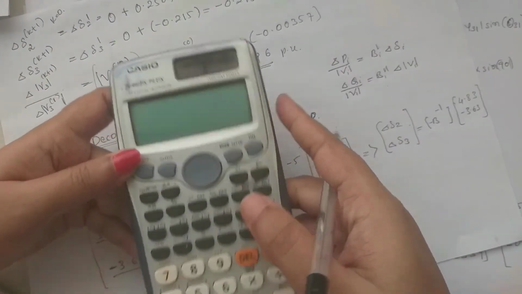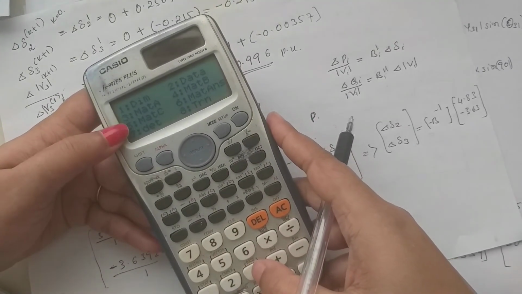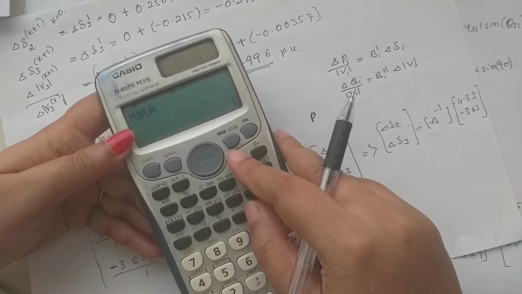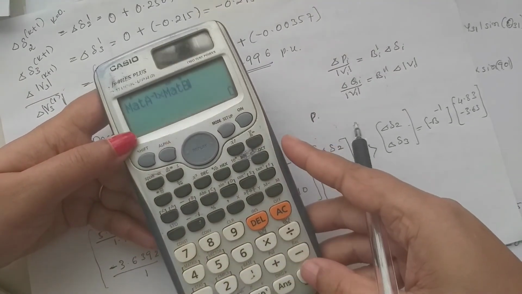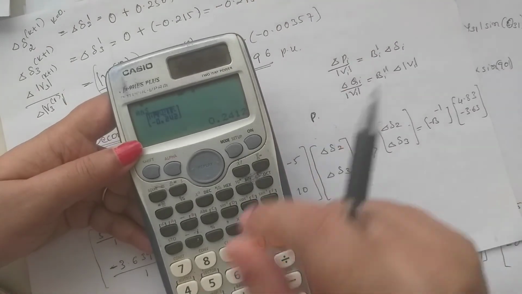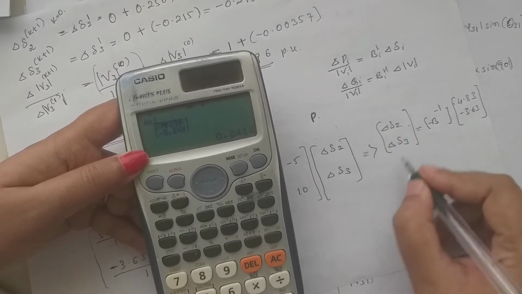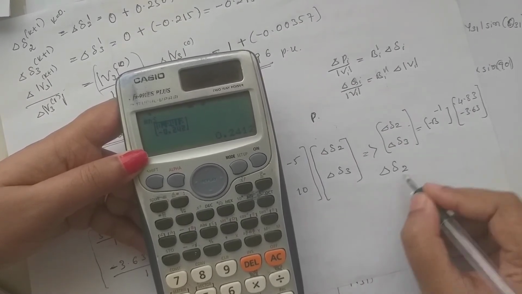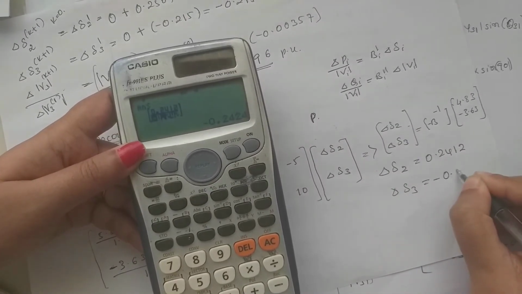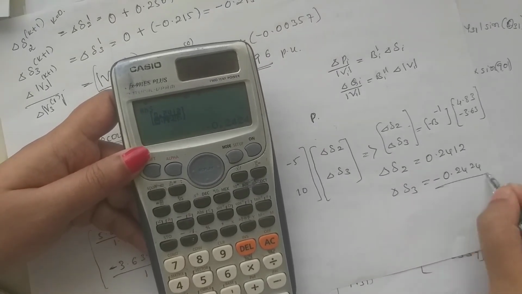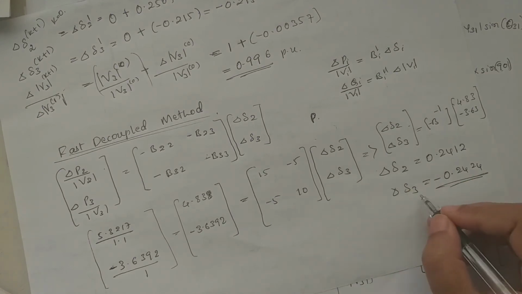Now shift 4, matrix A, that is option 3, inverse, into shift 4 matrix B. We get the answer: delta 2 is 0.2412 and delta 3 is minus 0.2424.